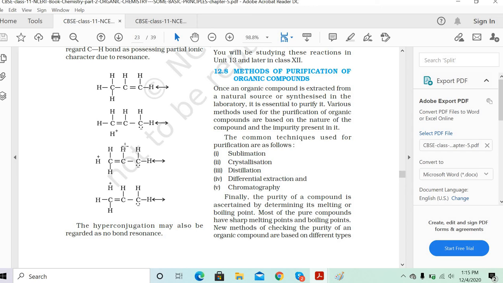The double bond of the second and third carbon atom, which is not required, gets broken, and that electron will be occupied by the third carbon atom, so it has a lone pair of electrons, correct? And it develops a negative charge.